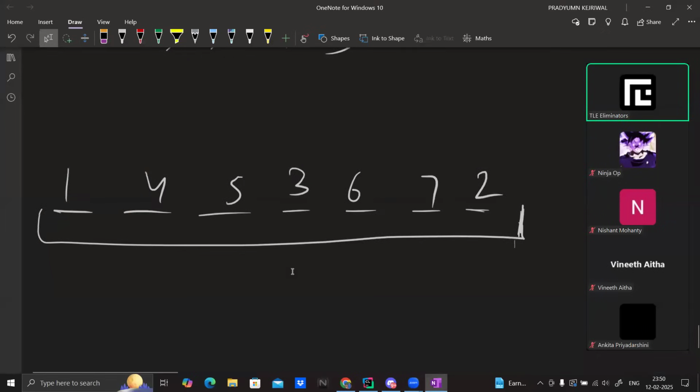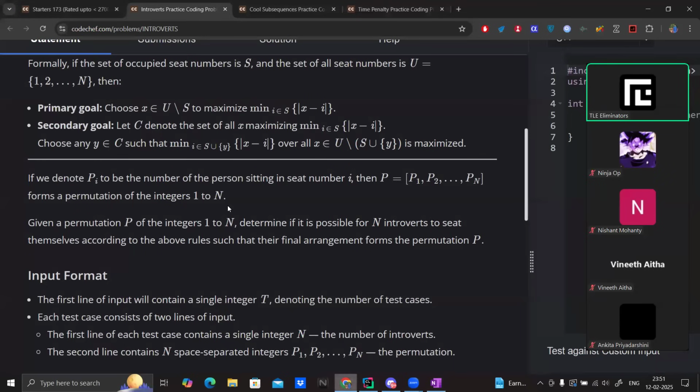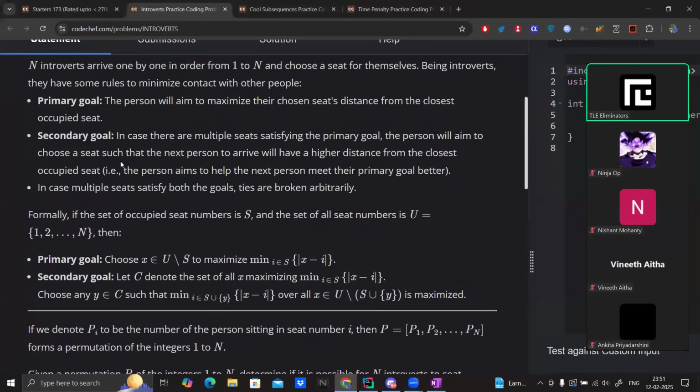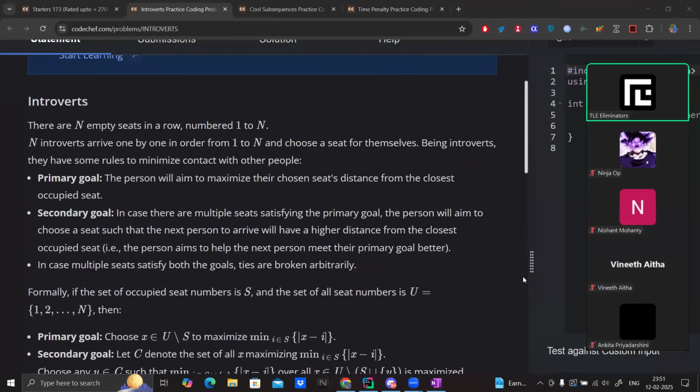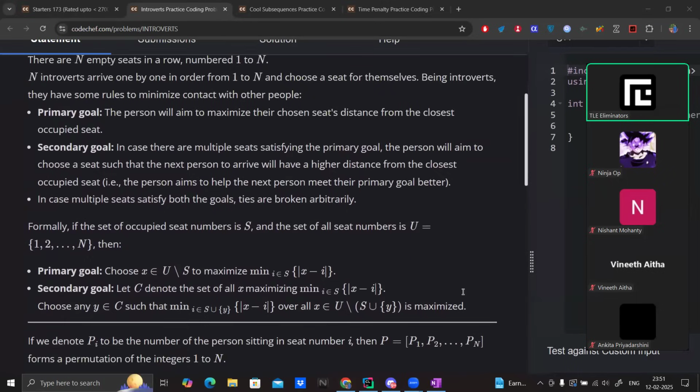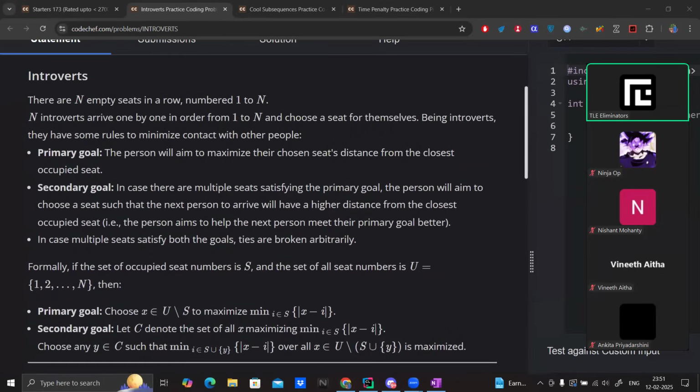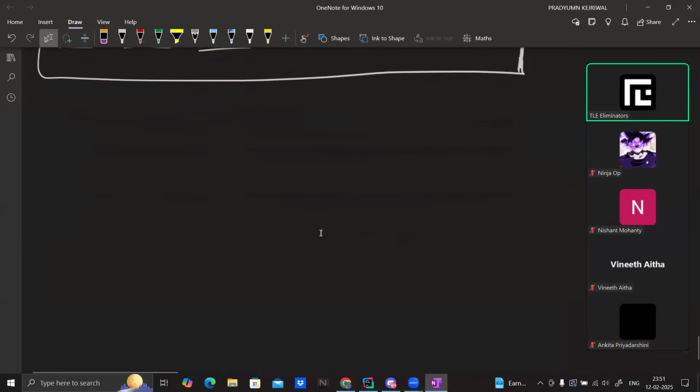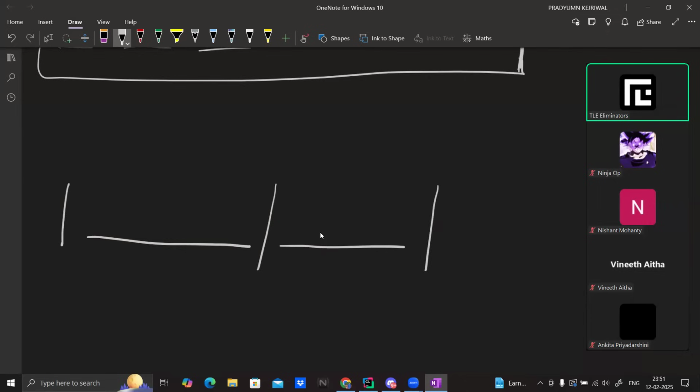Yeah, so the question is like this. Actually, let's understand the primary and secondary goals better. The primary goal is to maximize the distance from the closest occupied seat. So what does that mean? Let's say I have a person sitting here, then some blank space, then a person sitting here, then some blank space, and a person sitting here.